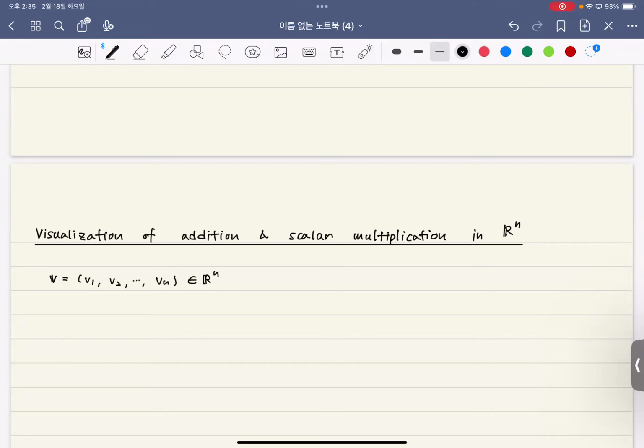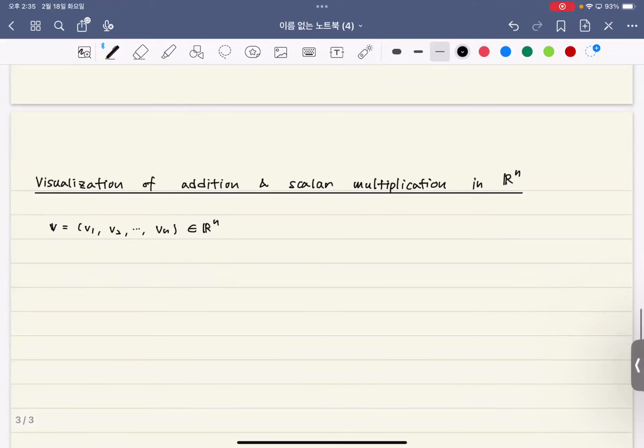If I suppose that I have chosen this vector out of R^n, then you can visualize this vector by an arrow starting from the origin and ending at the point (v1, v2, ..., vn). That is how we usually describe a vector. Shortly speaking, a vector is an arrow with a direction and a magnitude, in other words, the length.